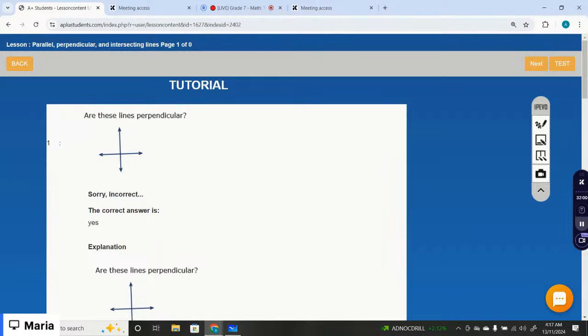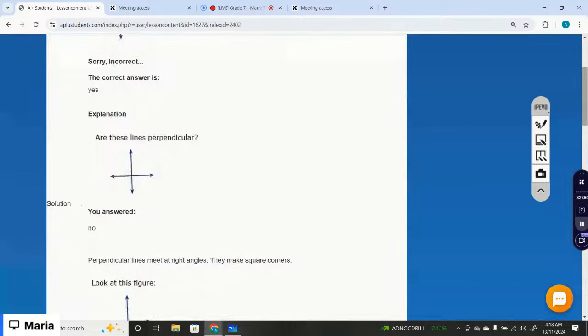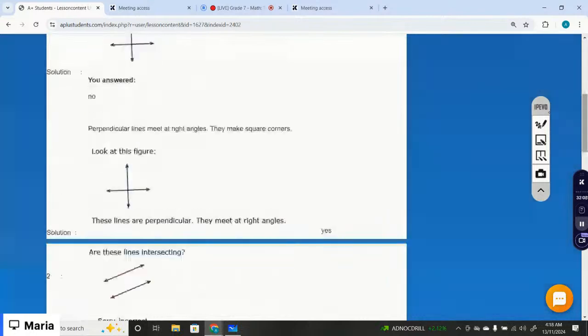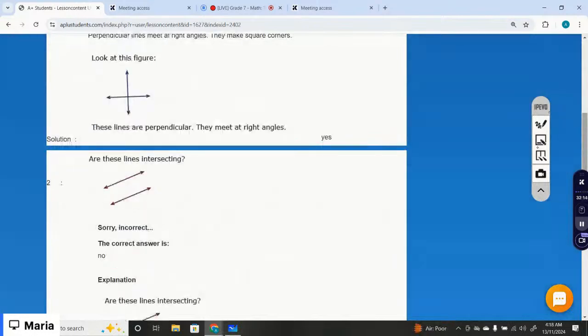Yes, they are perpendicular lines because they meet at a right angle, right? Okay, are these lines intersecting? No, they are parallel lines. Parallel lines never intersect each other, so they are parallel lines.